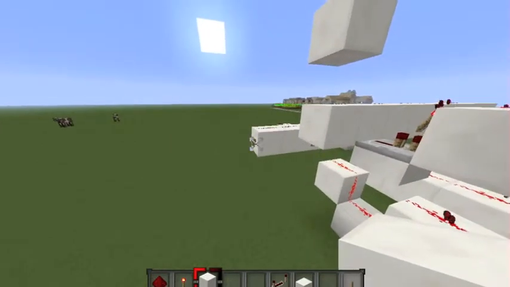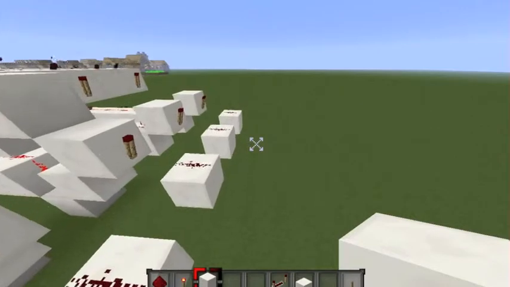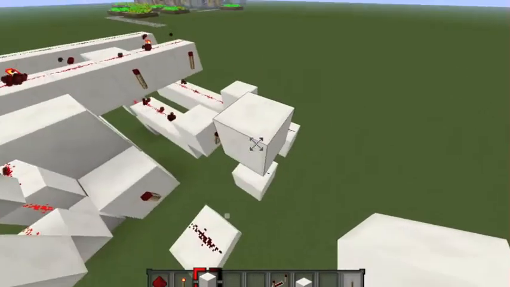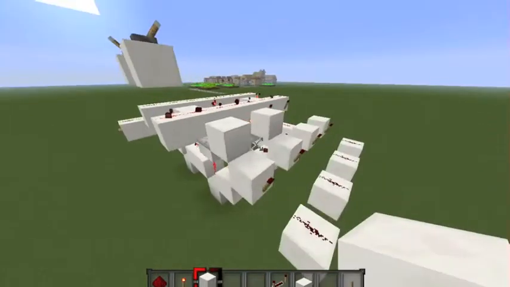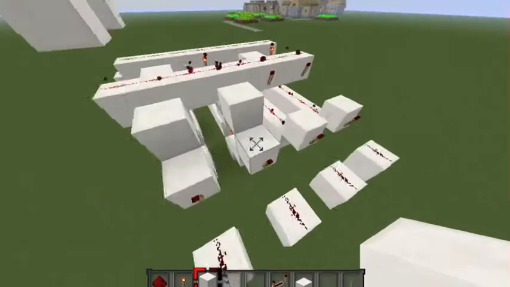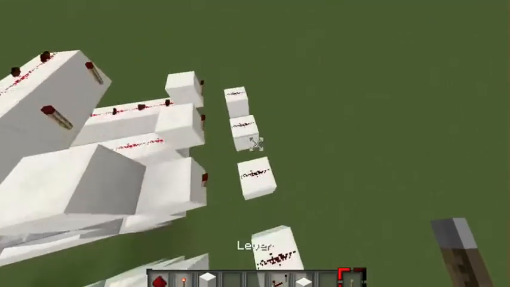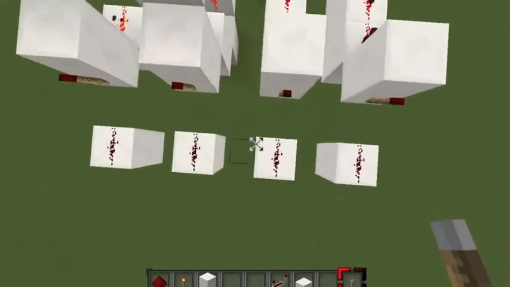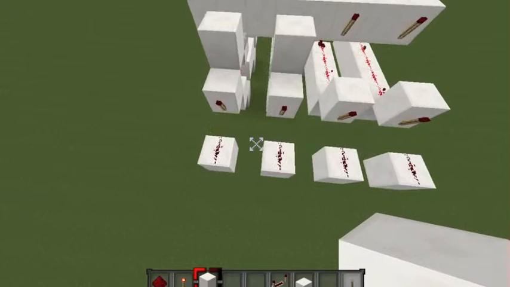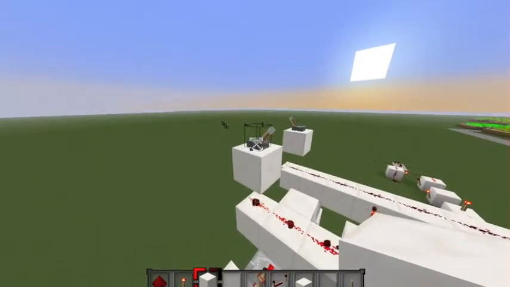Try to get a better picture this time. But you could see that that one right there, this third one, it just turned on when I pressed that wooden button over there. And that's because this is the third state of this decoder. So basically that means that in this decoder, each one of these guys represents one of the states that you can have your levers in.